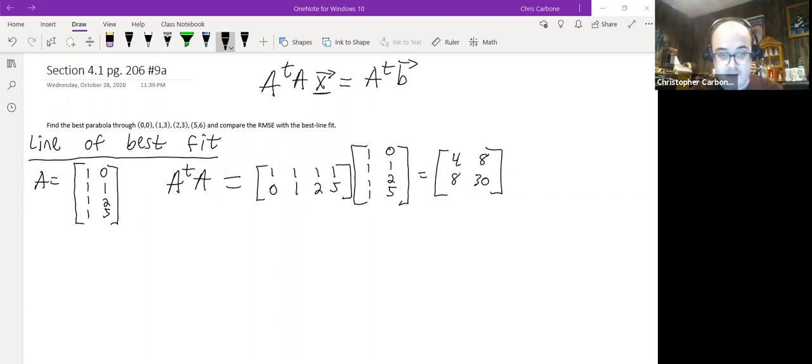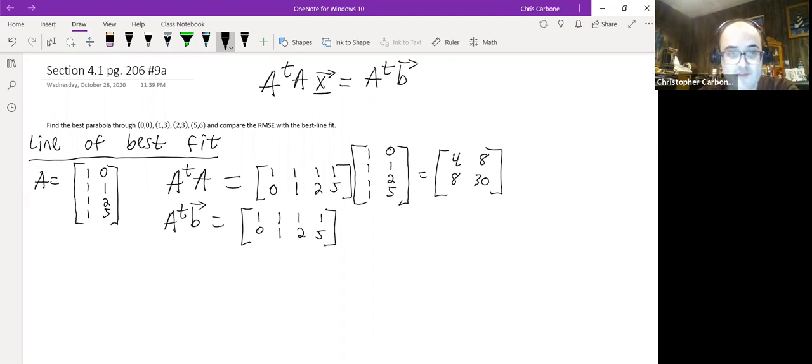For the right-hand side, we need to multiply out A transpose times B. That is going to be 1, 0, 1, 1, 1, 2, 1, 5, times our vector B, which I did not physically write out yet. I should probably do that first.